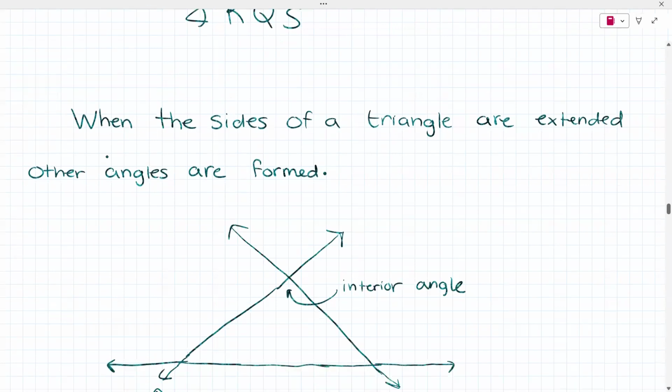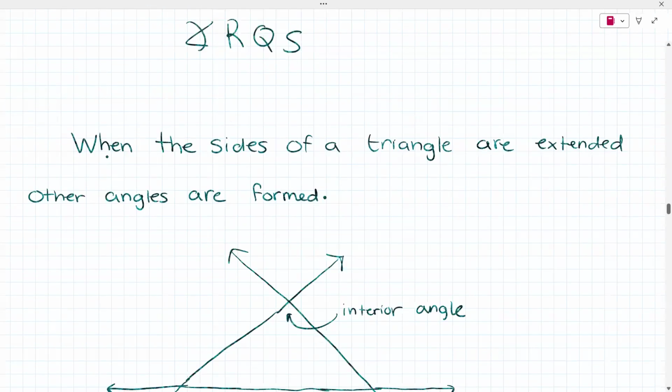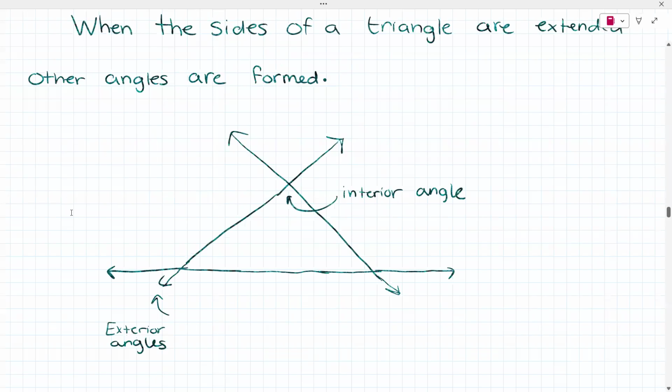When the sides of a triangle are extended, other angles are formed, right? That makes sense. So here's your triangle. If you keep continuing the lines, you have what's called an interior angle, and then you have an exterior angle. So interior, exterior.